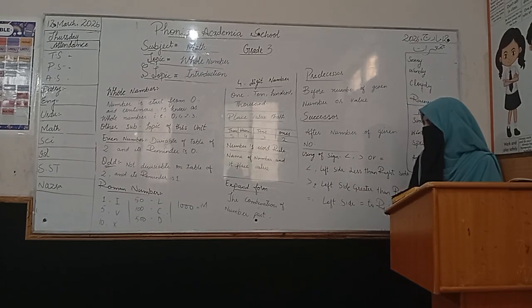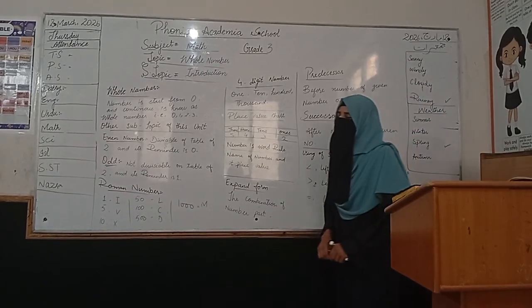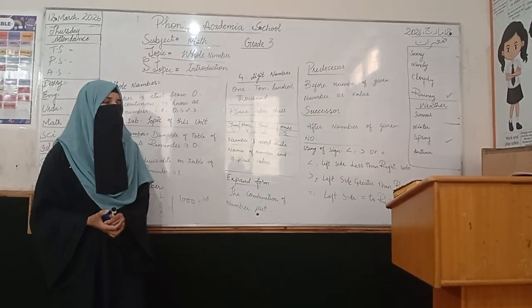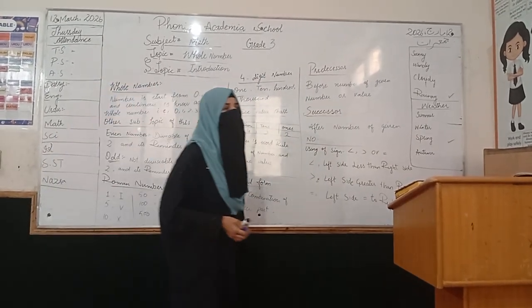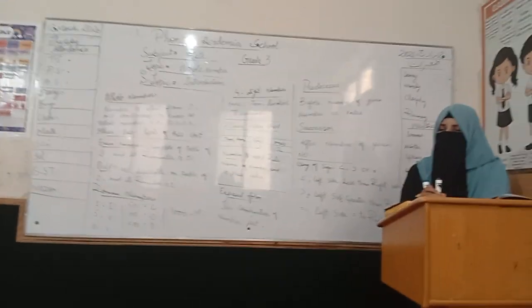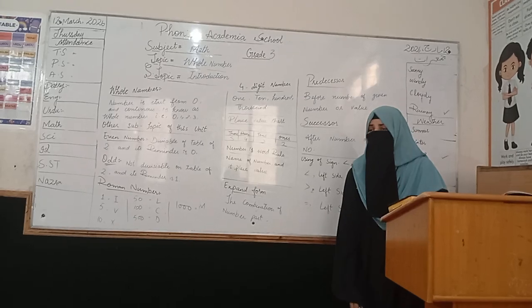Number in words rules. Firstly, when a question is given in a paper or a book to write the numbers in words, you must know how to write the numbers in words.